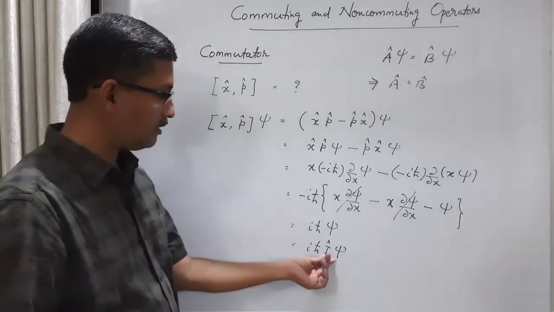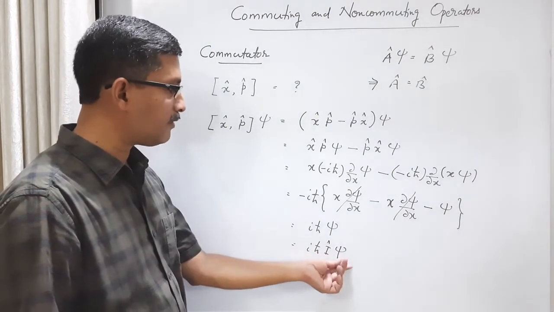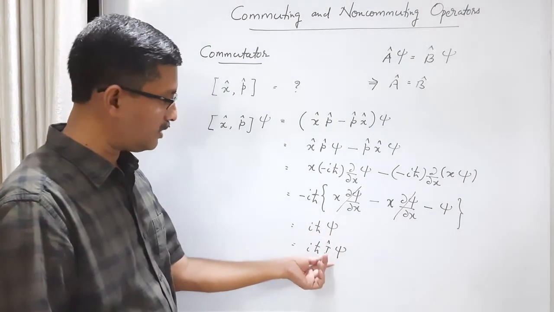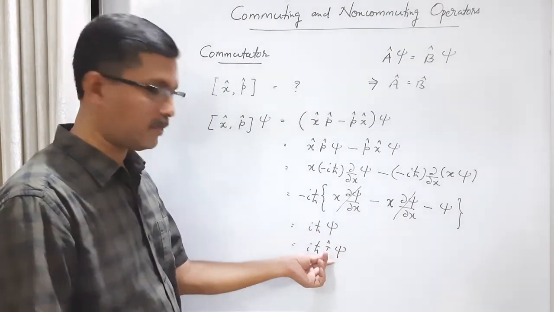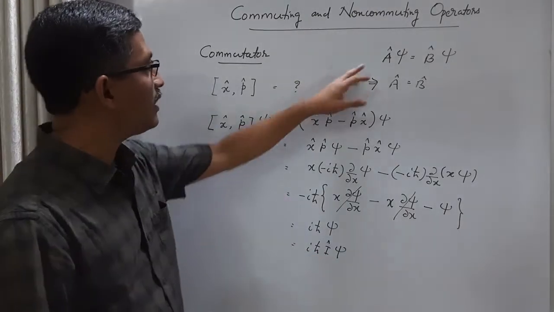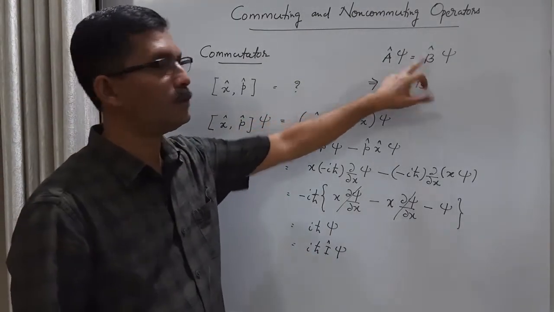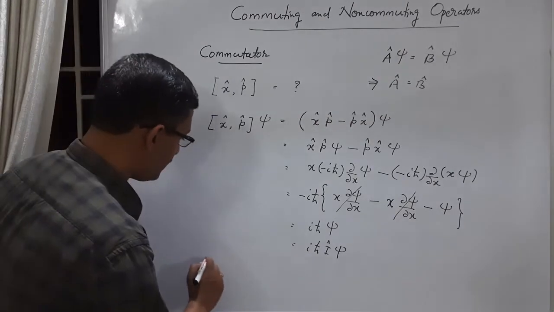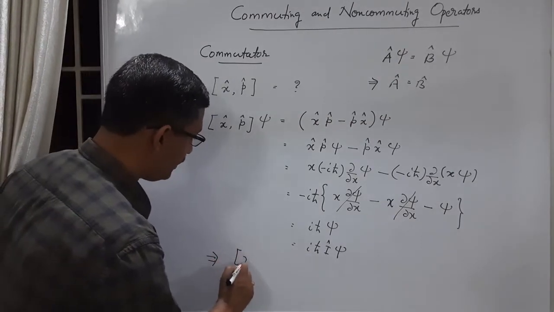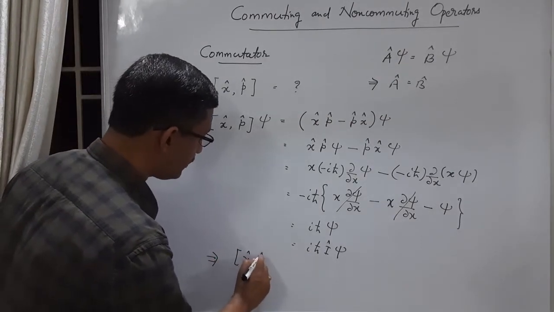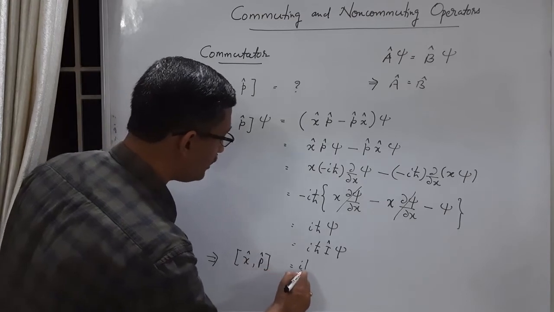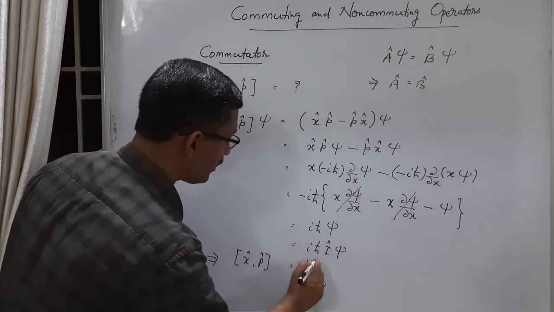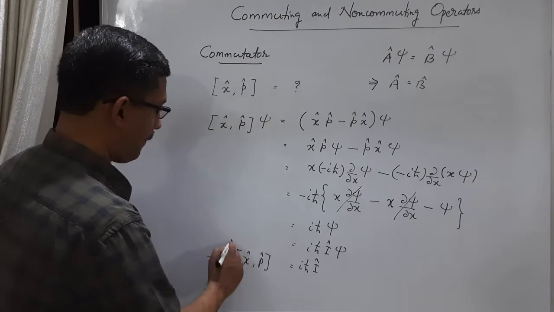The identity operator acting on a wave function will give the same wave function. So we can write the commutator of x and p is equal to iħ times identity. This is the result.